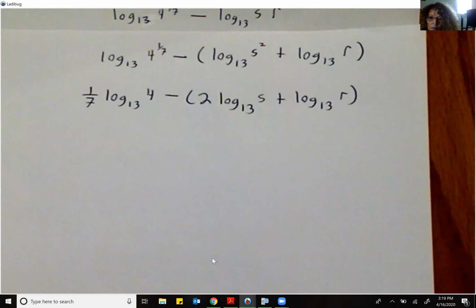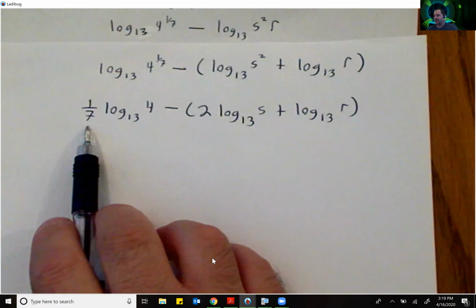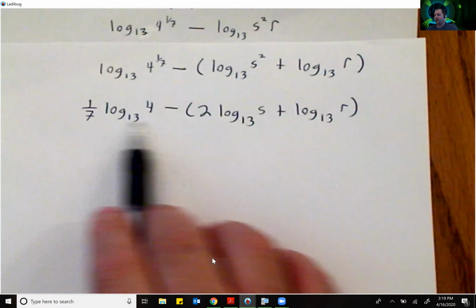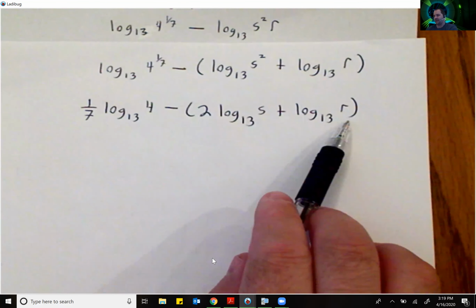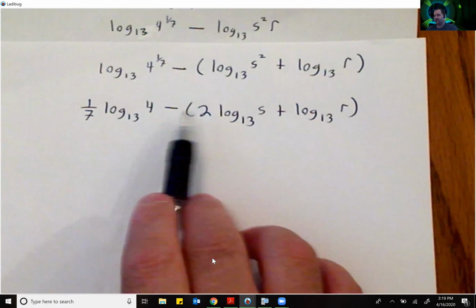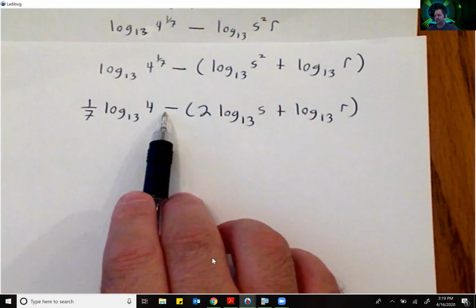Close. This is technically a good answer. What they will do, because we have parentheses and because you have this minus here, is distribute that minus through.